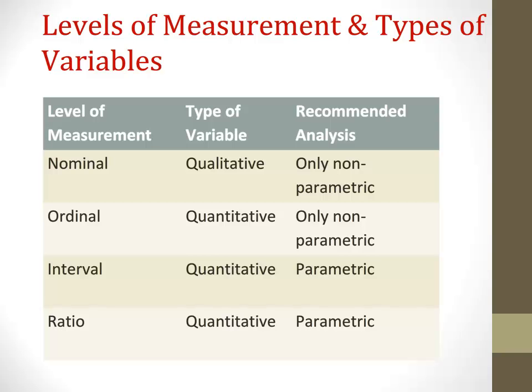I will make note of one exception here, especially in educational research. Oftentimes, Likert type scale data is considered ordinal data. If we really think about it, it is ordinal data.